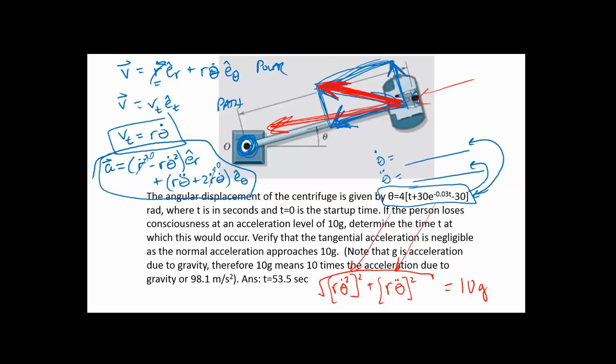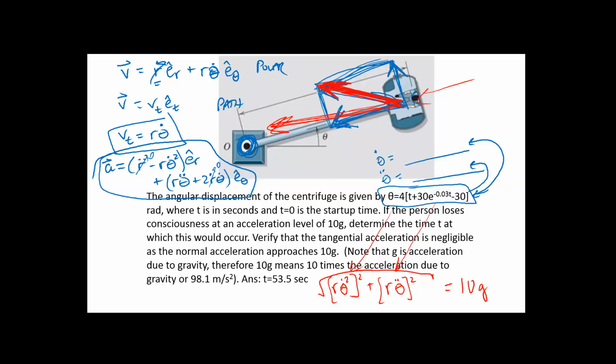Okay, so this stuff really lends itself well, and eventually I need to start giving you a few Excel type of problems. You could plot this out, and it might be easiest in the end to just plot it out. You could have a column for t, a column for theta, a column for theta dot, and a column for theta double dot, and figure everything out in terms of time.